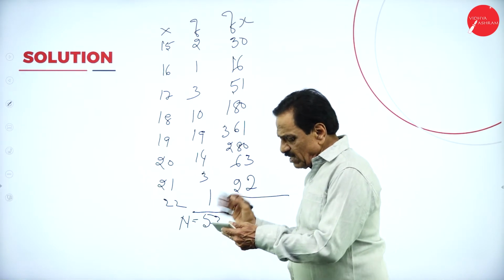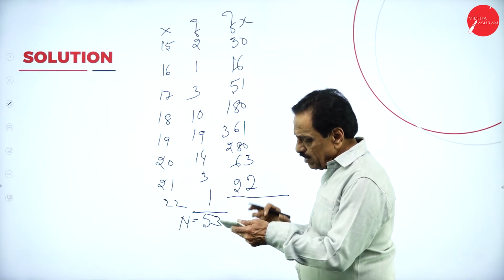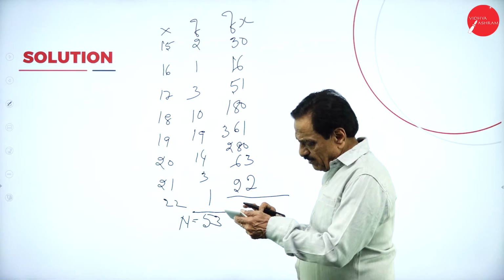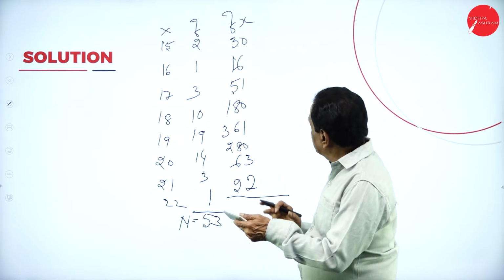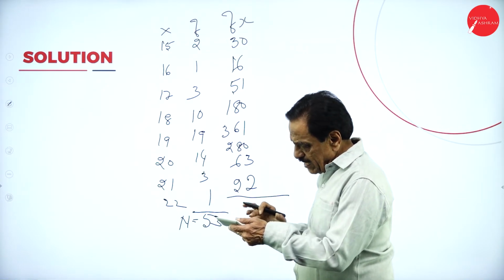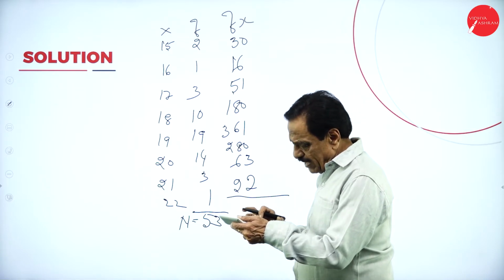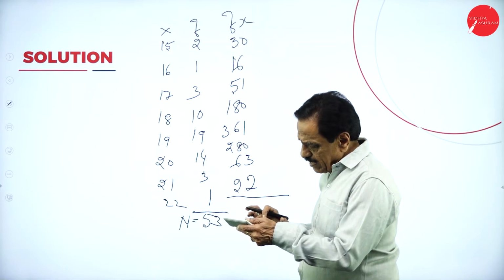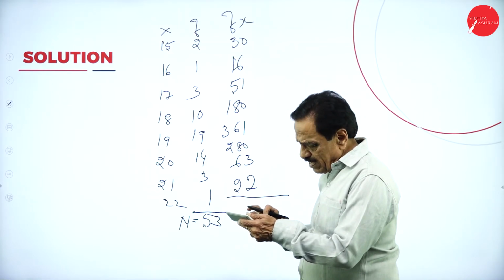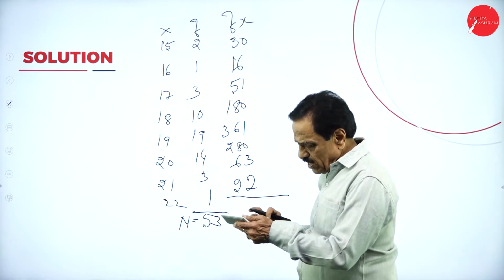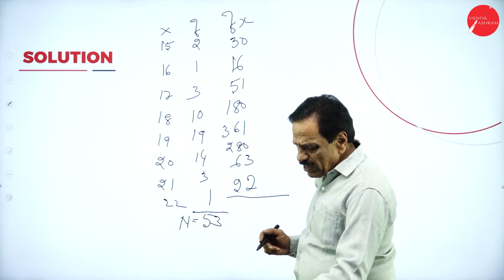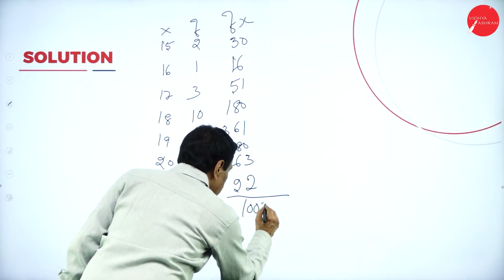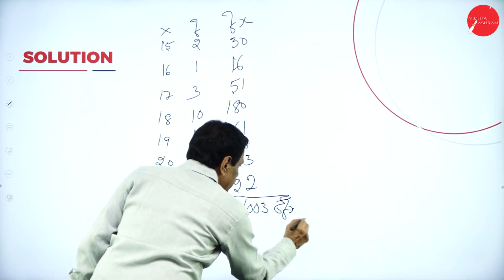What is the first number? 30 plus 16 plus 51 plus 180 plus 361 plus 280 plus 63 plus 22 is 1003. This is sigma fx.